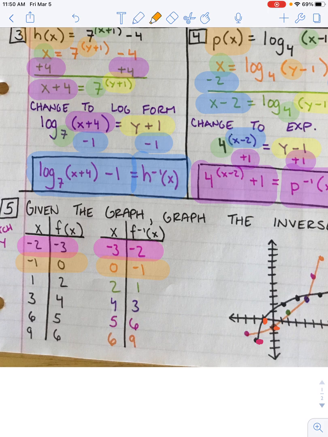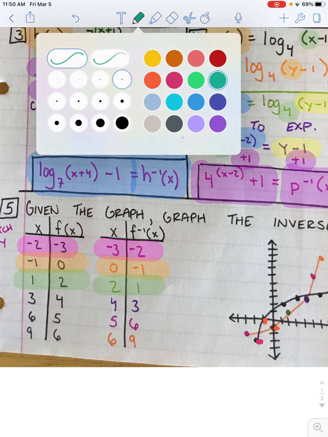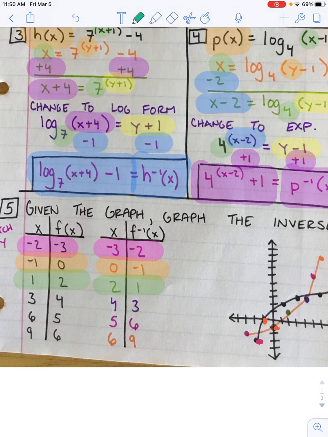Our next point, we have 1 and 2. You switch those around, it'd be 2 and 1. So 1 on your x and 2 on your y is here, and the inverse, 2 and 1, is here.